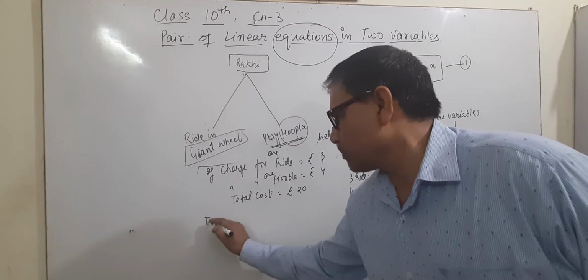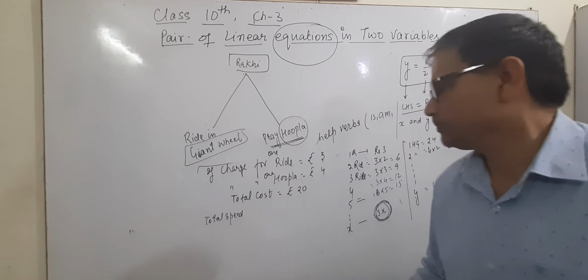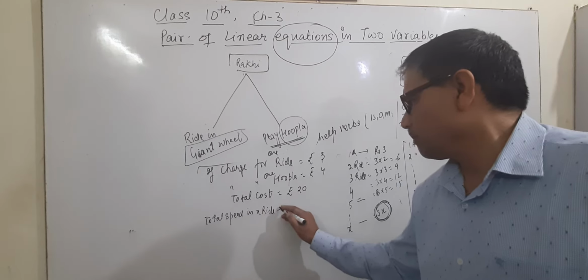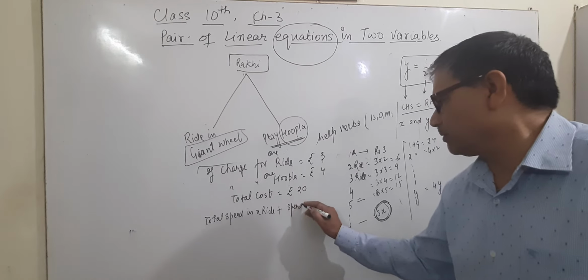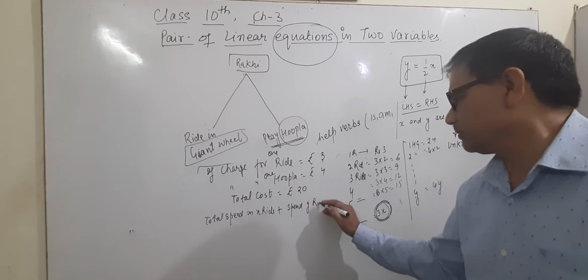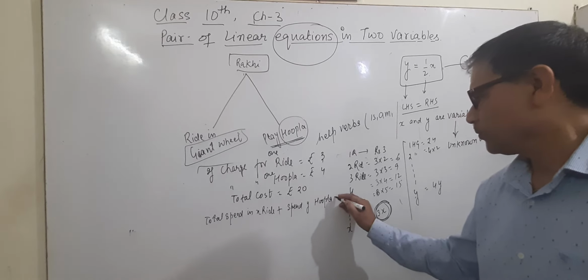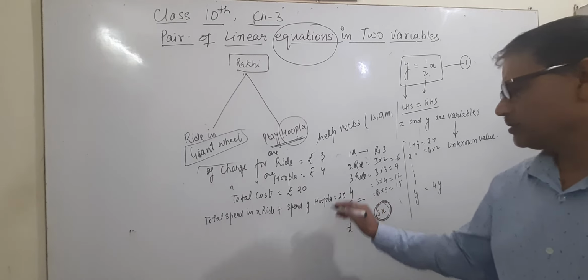This means total spend on x rides plus total spend on y hoopla games is equal to 20 rupees.